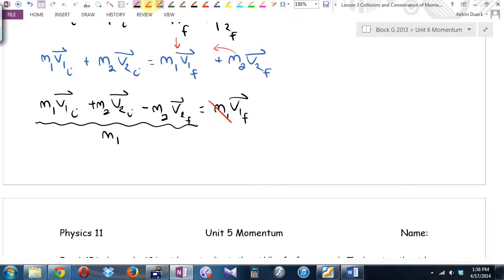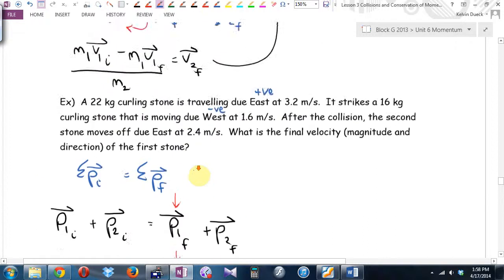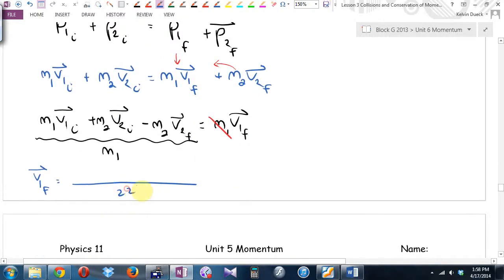So the final velocity is going to be, well, m1 is 22. I'll stick that on the bottom. What's v1 initial? 3.2. Positive or negative? Positive. Plus, what was mass 2? 16. What's v2 initial?